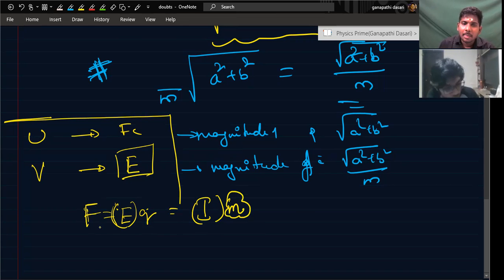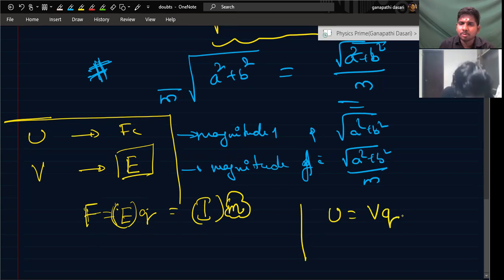Potential energy is equal to potential into charge Q, or in gravitation, potential into mass. So for unit mass, whatever the potential energy is, that is called potential.